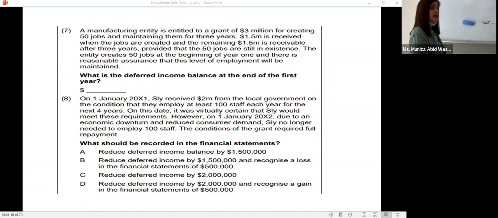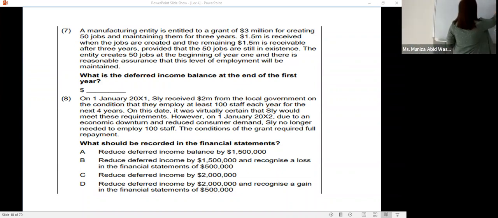Deferred income, which we have recorded as the liability, is going to be reduced by 1.5 million, and the amount of the grant which we have recorded as the revenue is going to be reversed as well. This 0.5 million which we had recorded as revenue will be debited in SOPL.